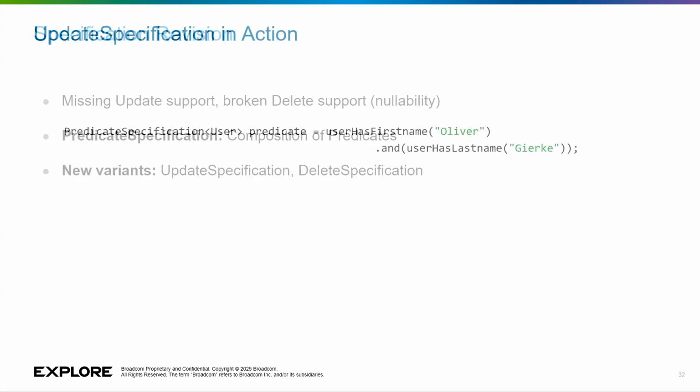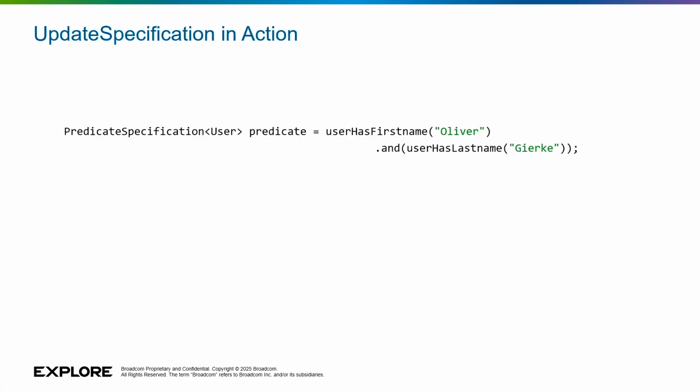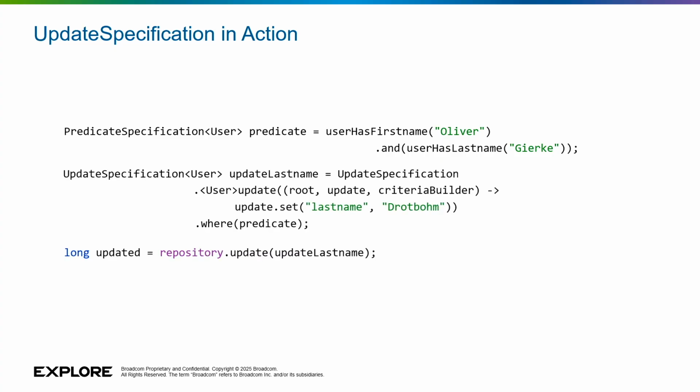Okay, so let's look at an example. I have a predicate where the user has first name Oliver, and that's the composition part, and the user has last name Gierke. And then here's where we use it. We say, okay, let's create an update specification for the user.